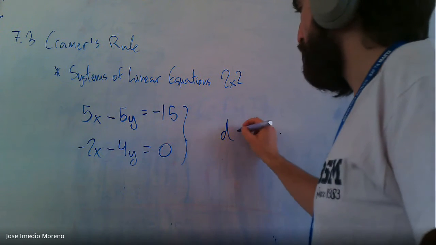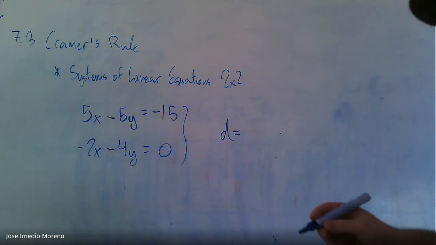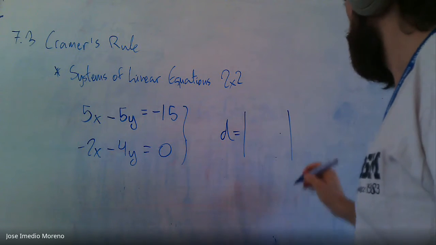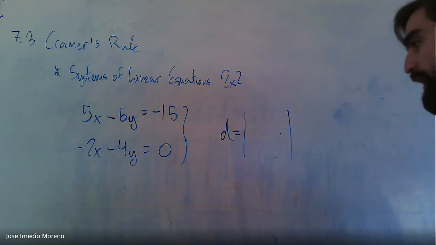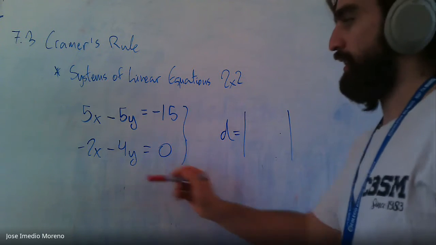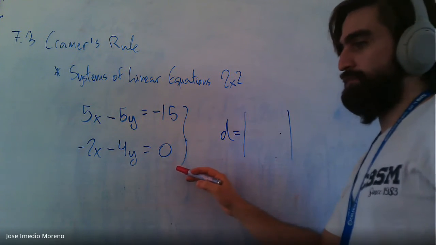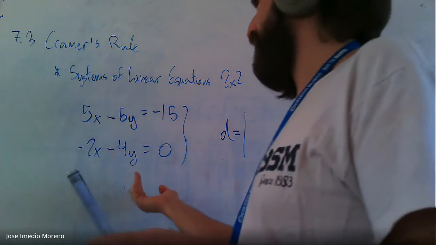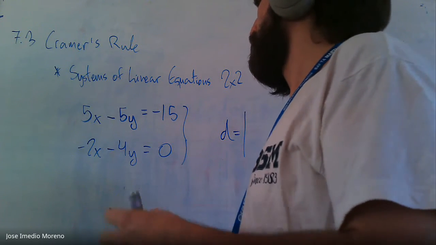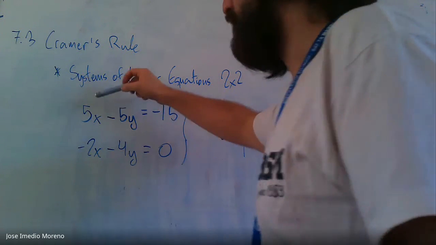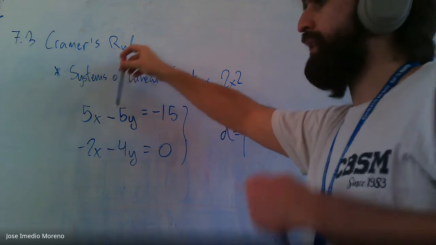First, we need to build the determinant D. Well, before doing that, I need you to realize that this system is made out of three columns.